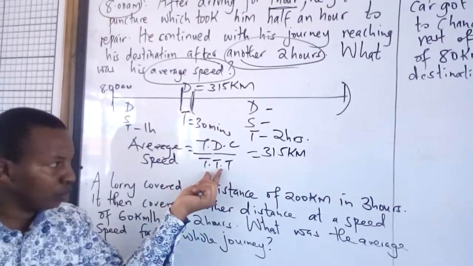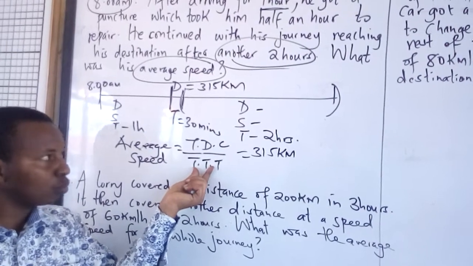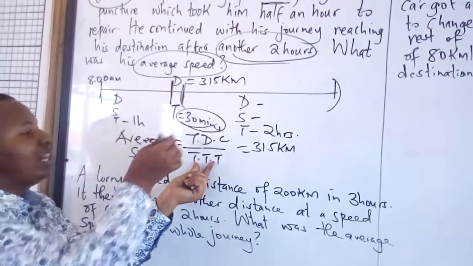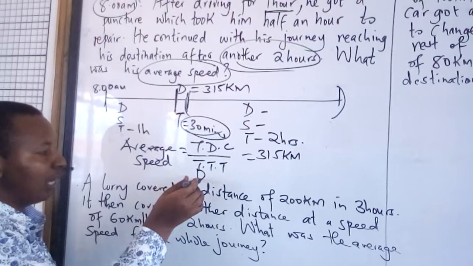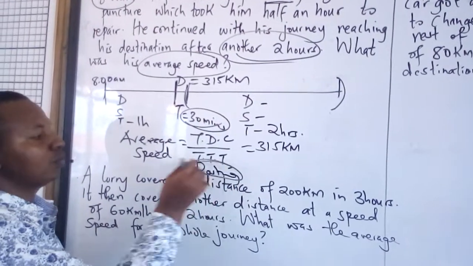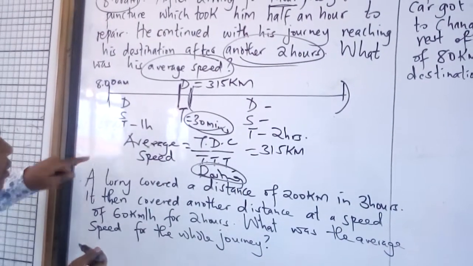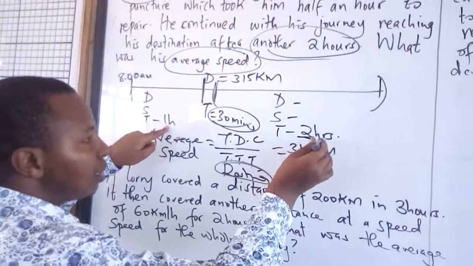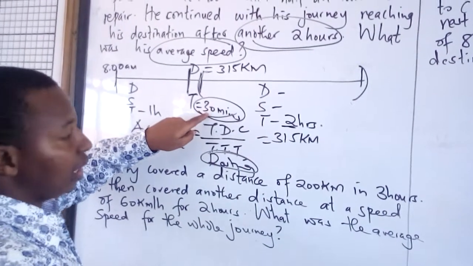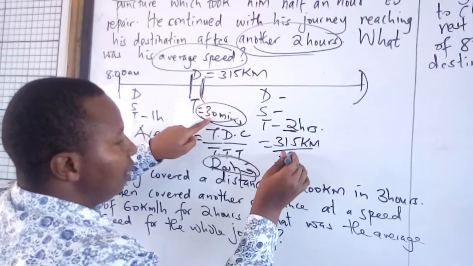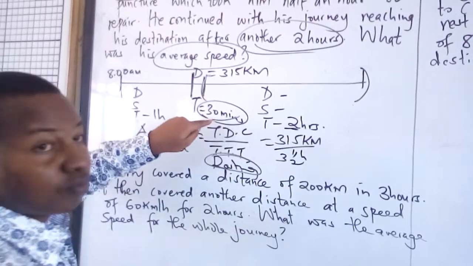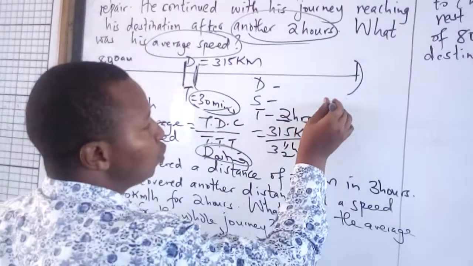Total time, I want to explain this, especially when it comes to total time. Remember, we add even the resting time. Don't forget that. So our total time here will be 1 plus 2, that is 3, plus half an hour, so it is 3.5. Our time will be 3.5 hours. Don't forget resting time.